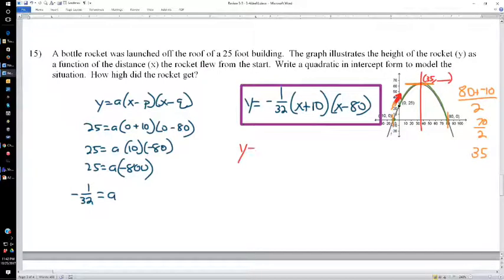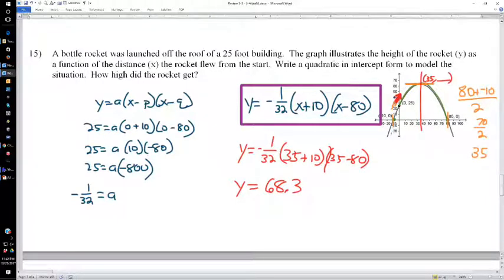So y equals negative 1 over 32 times 35 plus 10, parentheses 35 minus 80. Shove that in your trusty calculator and you get 68.28125. 68.3. We're going to go with that. That's your height. That's your maximum height. Which we said, somewhere between 60 and 70. And that works.